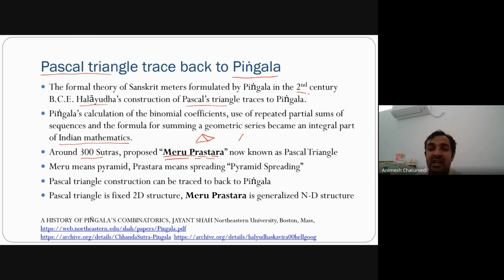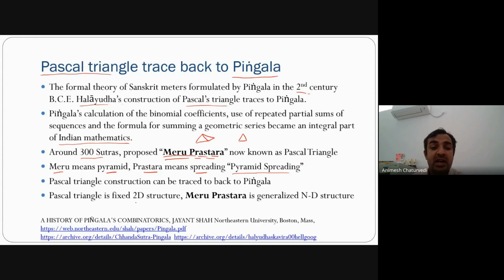So there is a three-dimensional thing which was defined, that is called Meru Prasthara. And this single dimension was Pascal triangle, which is a subset of this Meru Prasthara, a pyramid spreading. Meru means pyramid, Prasthara means spreading. So it means pyramid spreading.